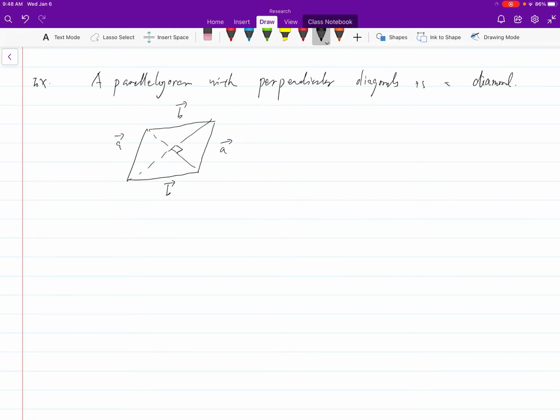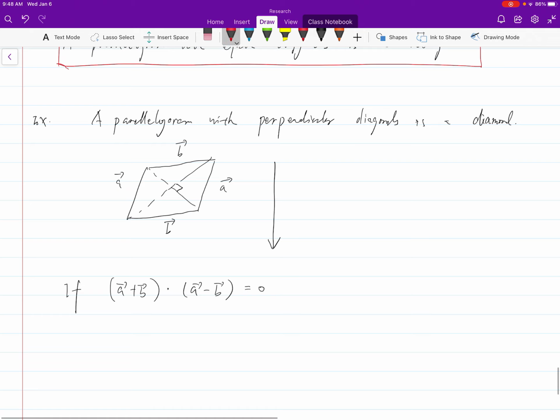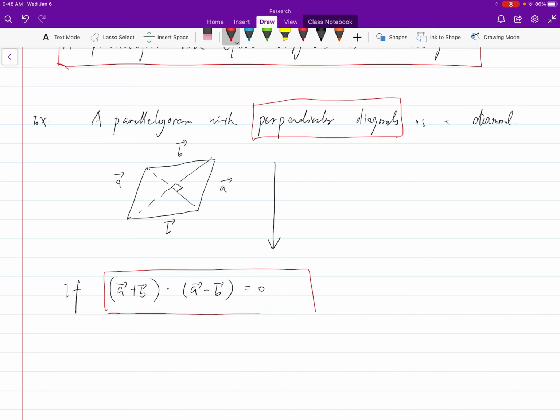But now with what we just did, I think you can translate this one into the vector language. Instead of proving this or saying this, you can say a plus b, which is one diagonal, is perpendicular with a minus b, which means (a plus b) dot (a minus b) equals 0. That's how I translated the first one. Then what?